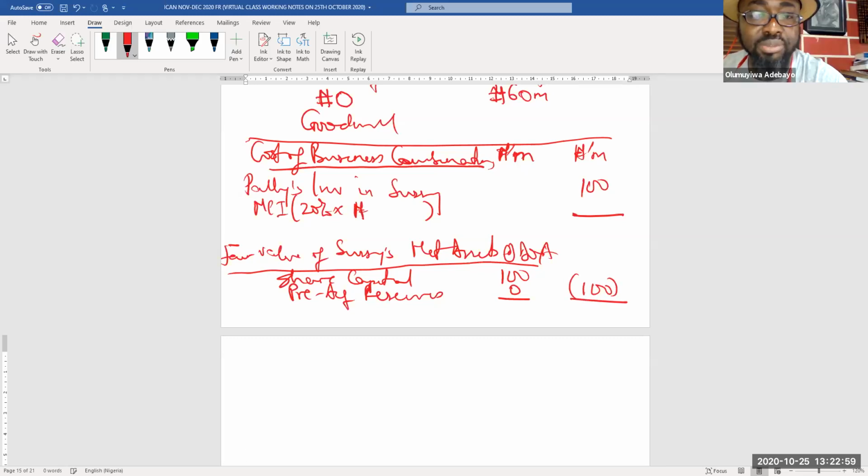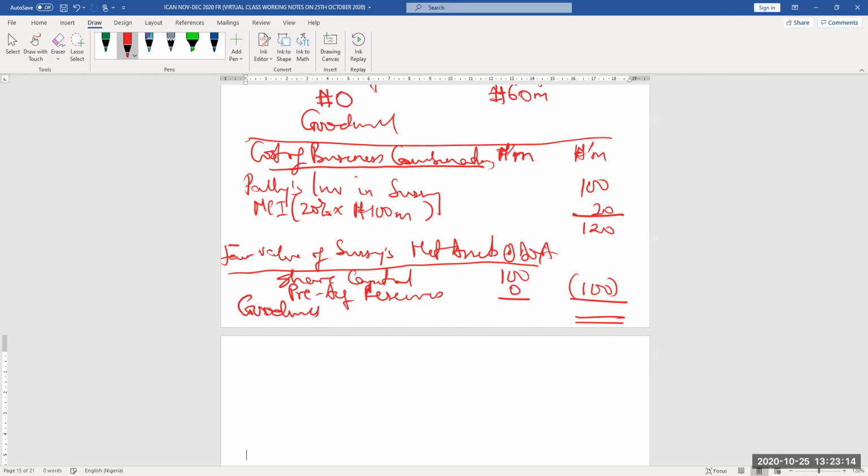Therefore, 20% of the net asset, which is 100, is 20. When you sum it up, you have the full consideration as 120. Compared to the net asset, we have goodwill of 20.